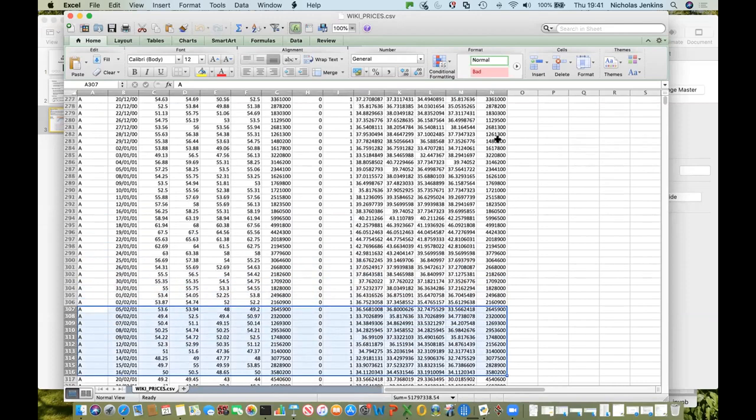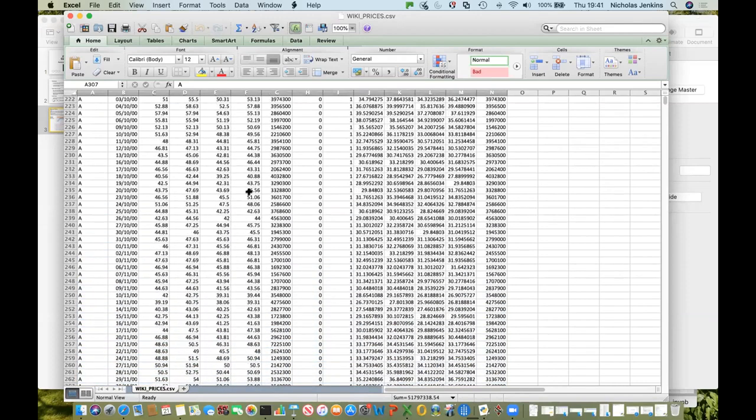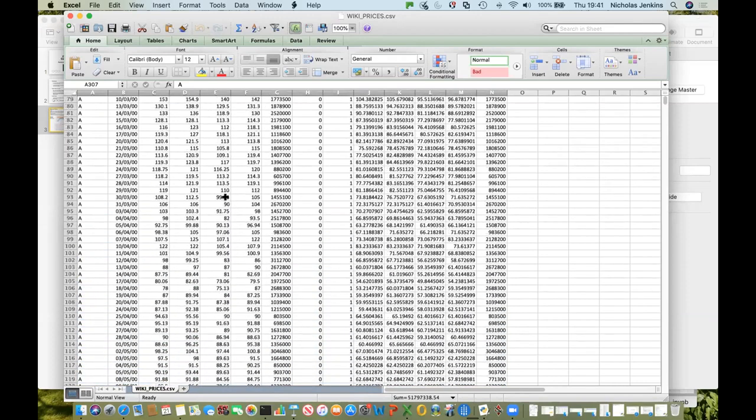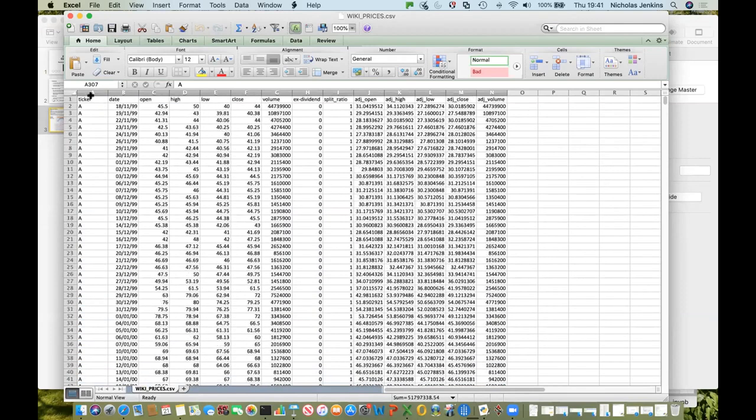I'll just go to the top. Yeah, so it's the ticker, the date, the stock open, the high for the day, the low, close, volume, etc. So the program primarily takes the close and the volume, looking for indicators as to when to sell or buy.